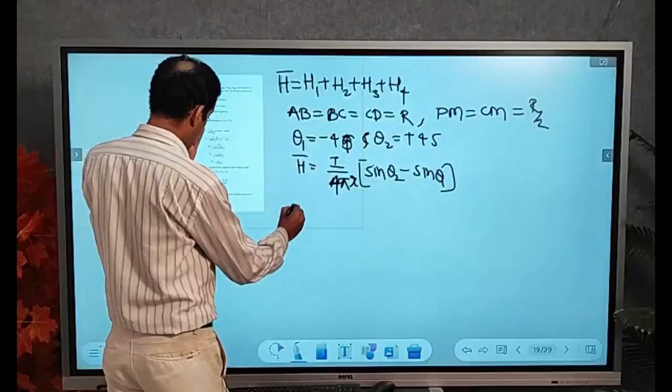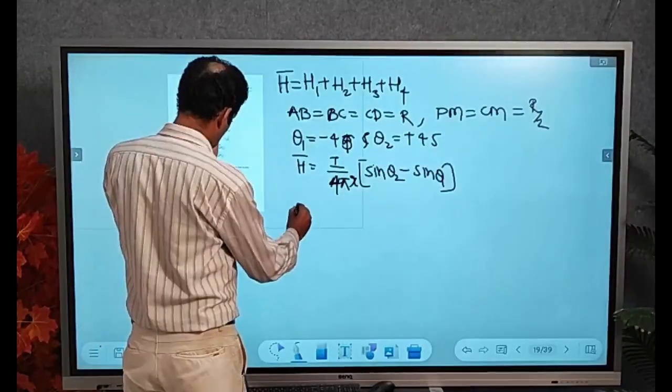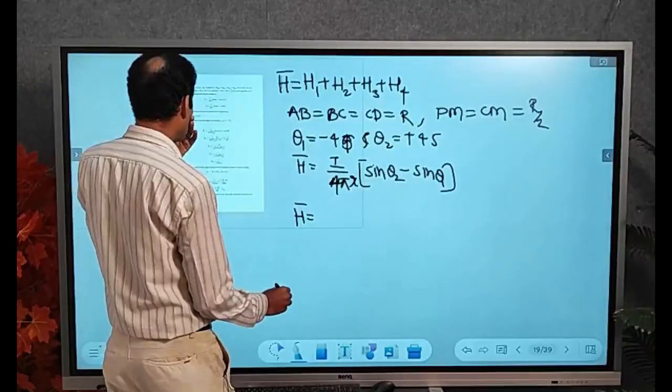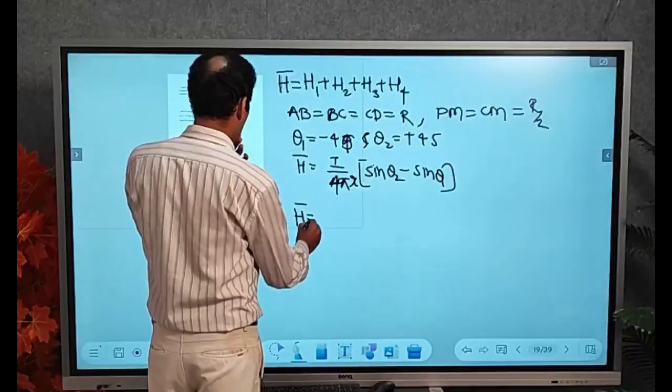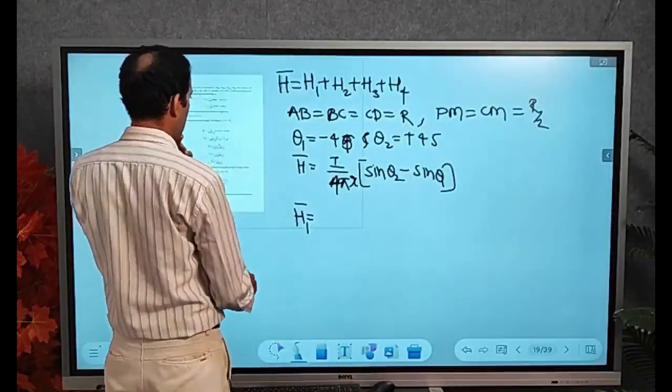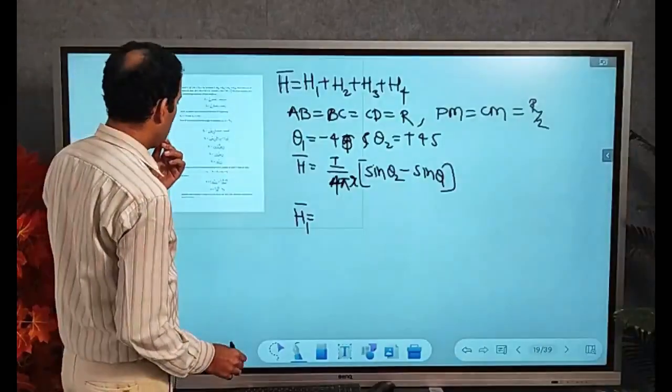So after keeping this we will get H bar equal to, say first we will calculate H1. For H1 we will keep the values of 45 for one side.